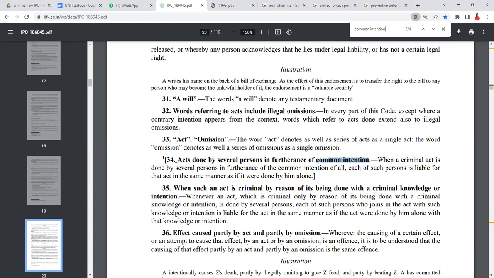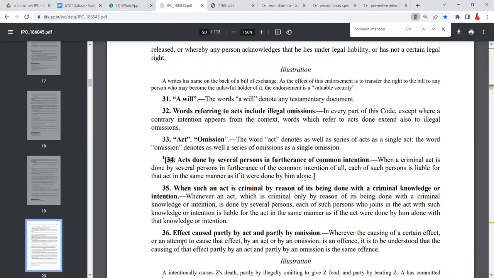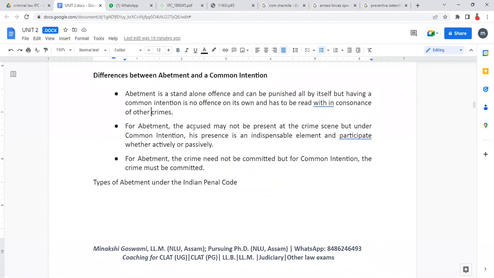So this is a very important section that is added along with other sections wherein crimes are specified. Abetment is in itself punishable, but common intention would come along with other sections, because as such you would not see any punishment for common intention. It comes along with other sections defining different types of crimes or different punishments.